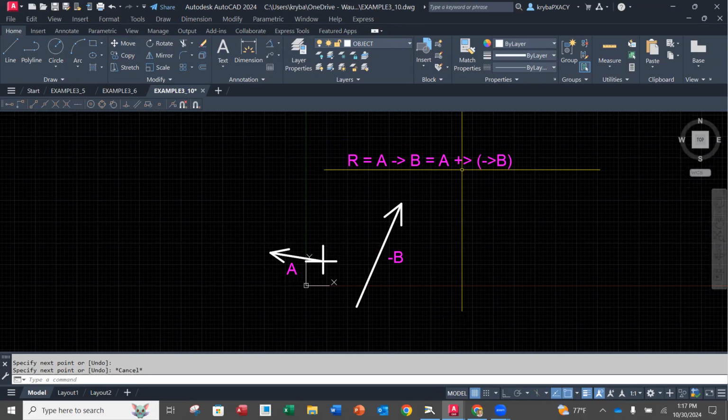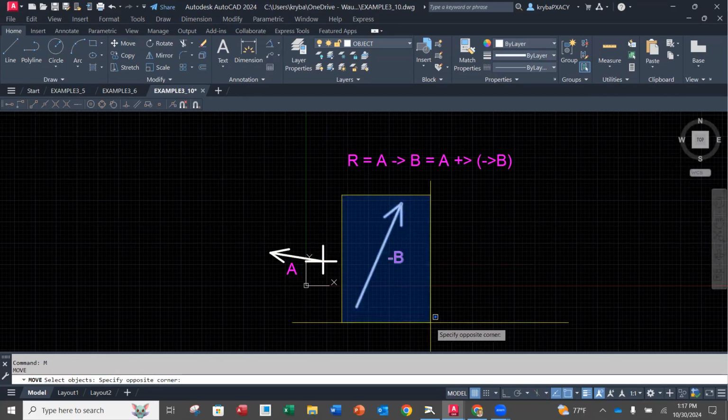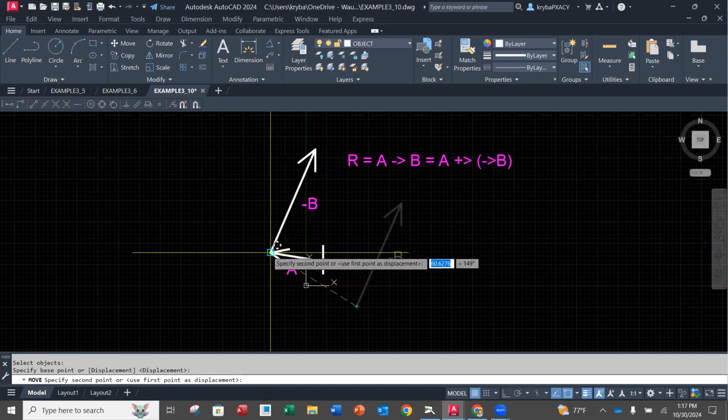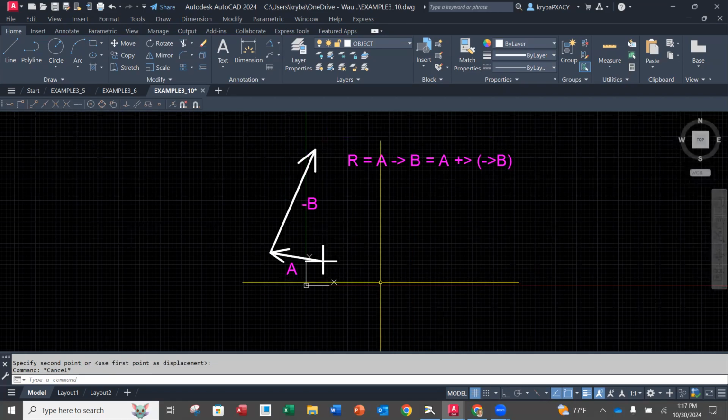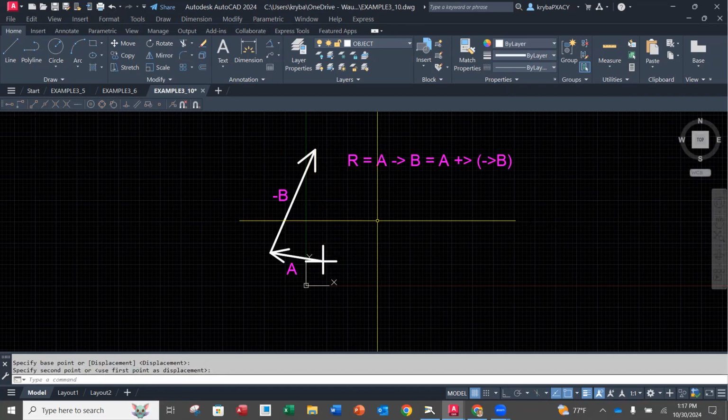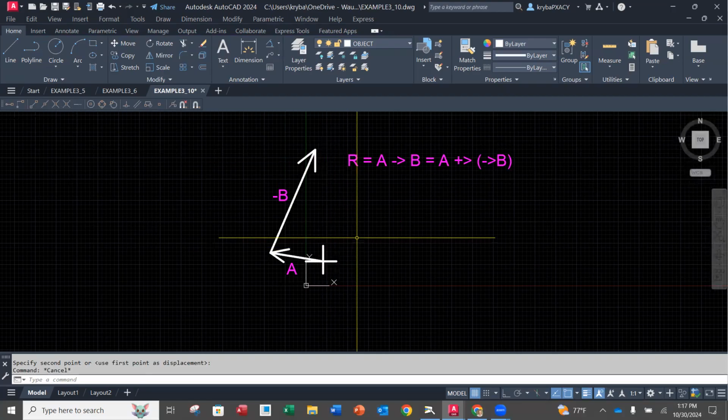That's going to be the positive A. There's nothing in front, so positive is assumed. Plus vectorially, tip to tail, the negative B. I'm going to move the negative B so that its tail goes to the tip of the previous vector, and put my B label on this side, because my R is going to come up in here. You should have your negative B label on there, going up and to the right.